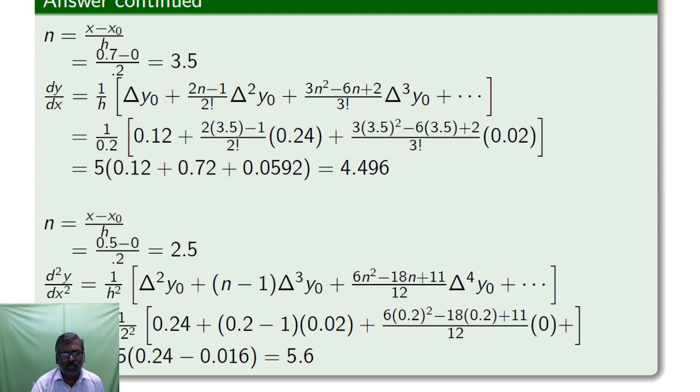But remember one thing, in all numerical methods, this answer will be only an approximated value, not an exact value. Some small error may come, but that error may be negligible.